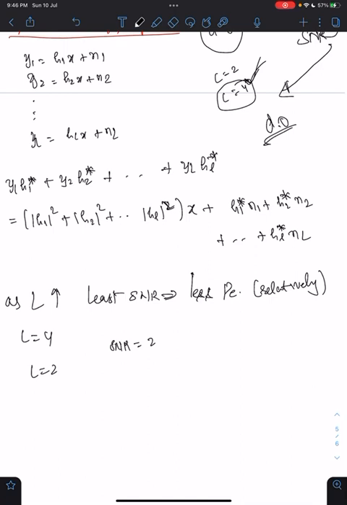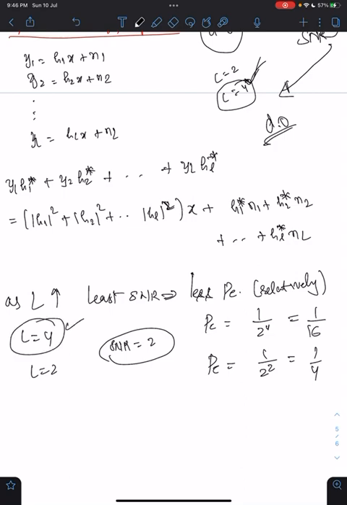The probability of error here is 1 by 2 to the power 4, which is 1 by 16, and here for the same SNR, it is 1 by 2 squared, which is 1 by 4. So for a given signal power, because noise power you can't control, the system with the higher diversity order offers much less probability of error compared to the system with lower diversity order.